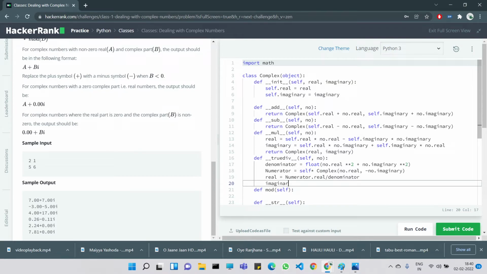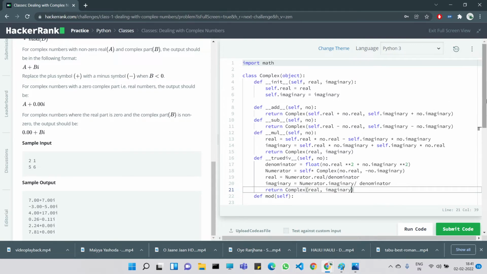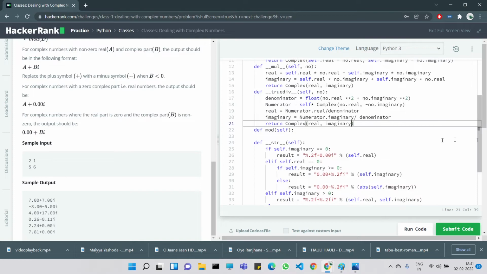For the case of imaginary, numerator dot imaginary divided by denominator. And let's return it. Return complex of real comma imaginary. Okay, we got that part too.